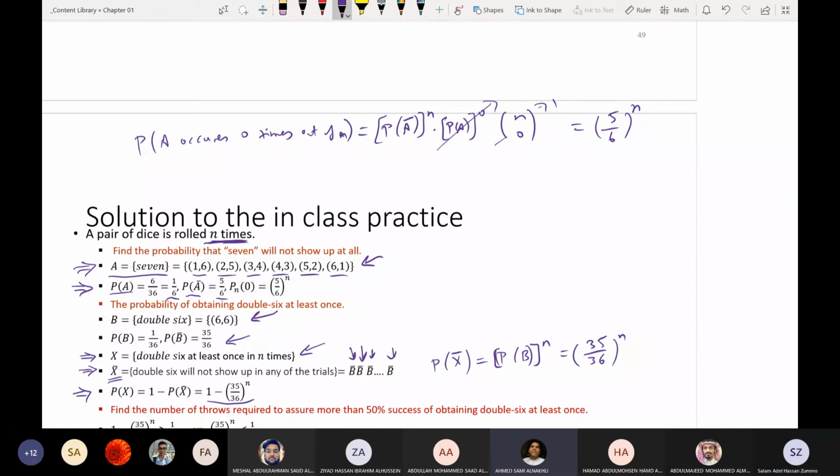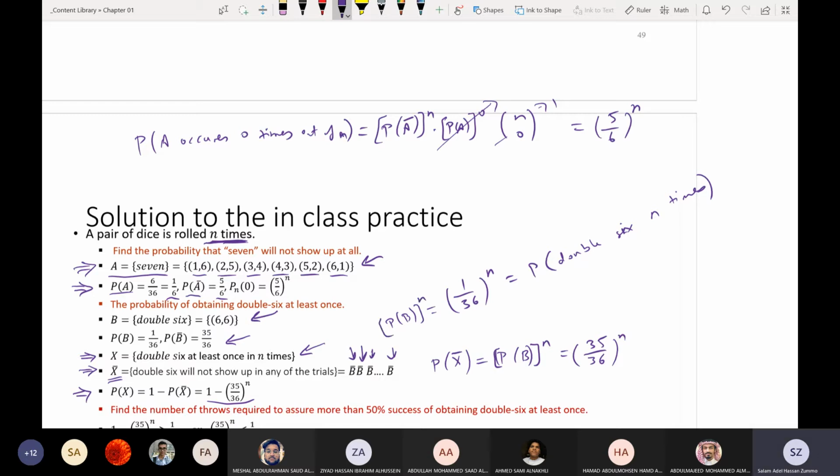دكتور, تفضل. Can I just say 1 over 36 to the power n? لا. 1 over 36 to the power n equals the probability that you have double six n times, sorry, not only once. صح؟ لأنه هذه equal probability of b to the power n.